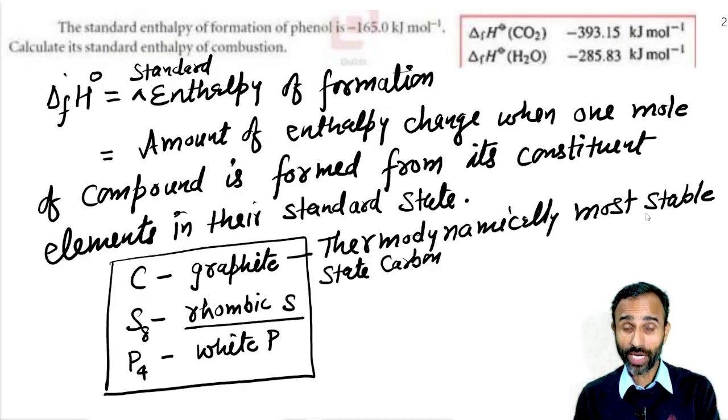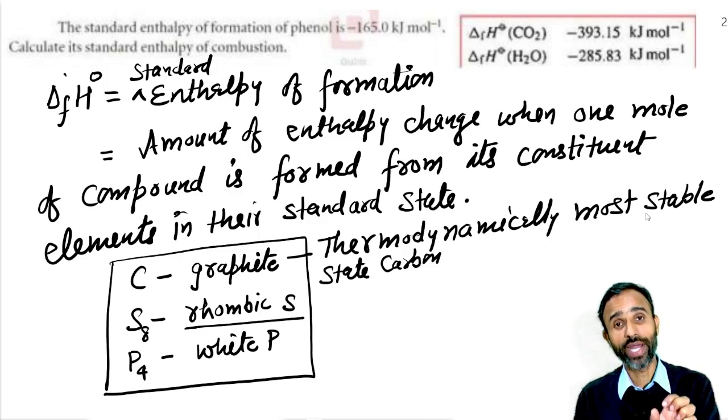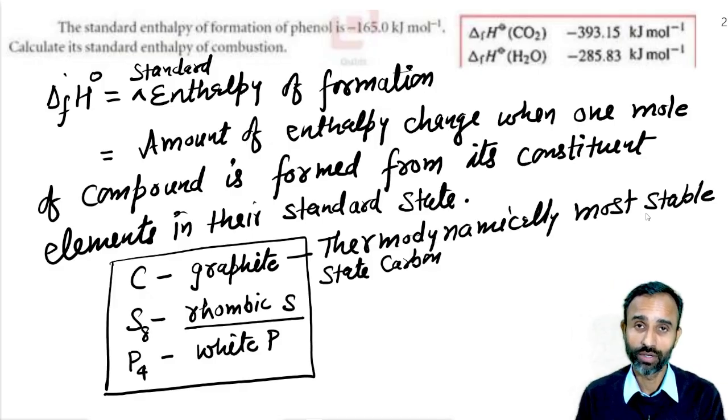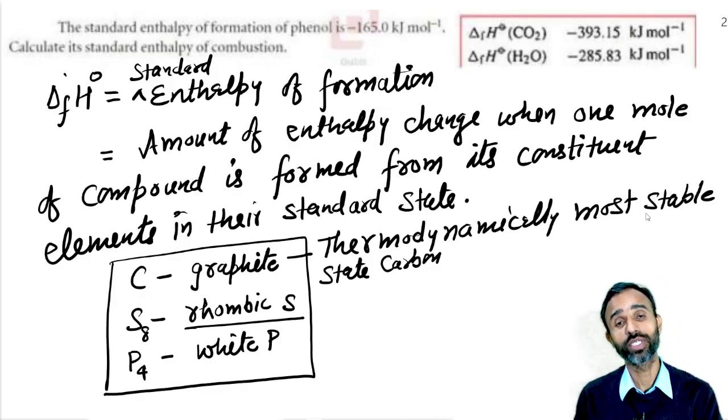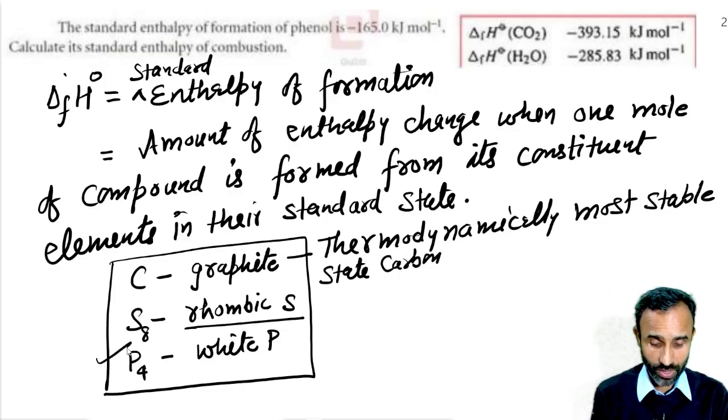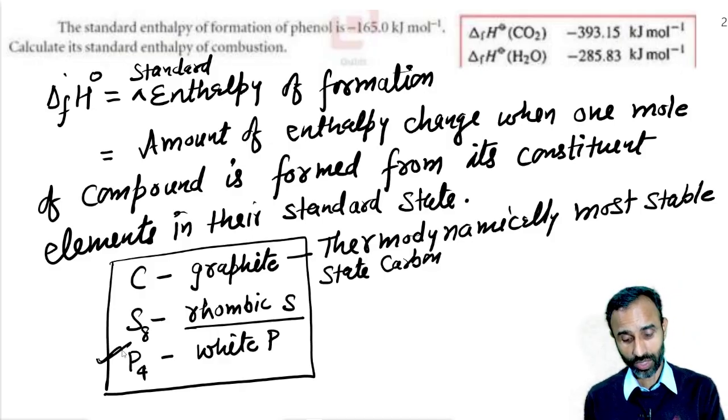But white phosphorus is not thermodynamically most stable, but it is abundant. That's why. Otherwise, white phosphorus is the least stable. The most stable form of phosphorus is black phosphorus. But white phosphorus, being abundant, is the standard form of phosphorus.